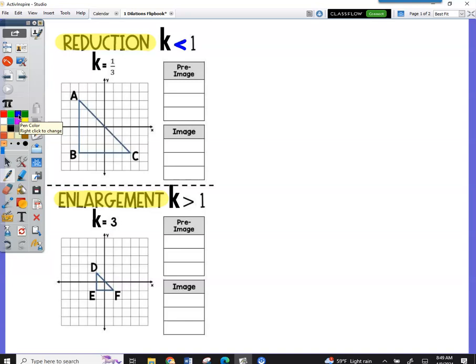So, notice we're getting back to those words pre-image and image. Pre-image means before you do anything. Image is when you've done something to it. Let's get the coordinate points for A, B, and C. I need you to read the coordinate points for A, B, and C. Remember, right or left first, then up or down.